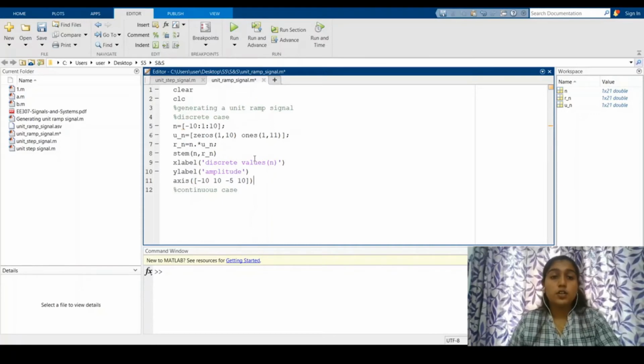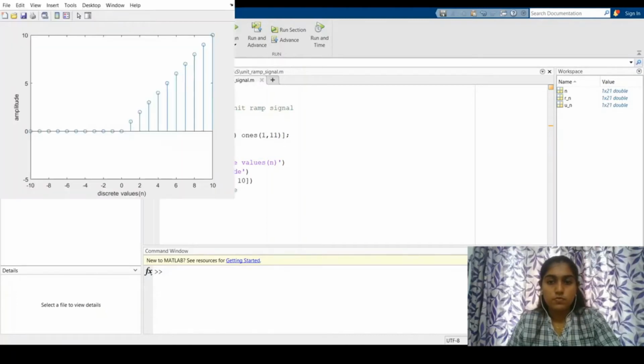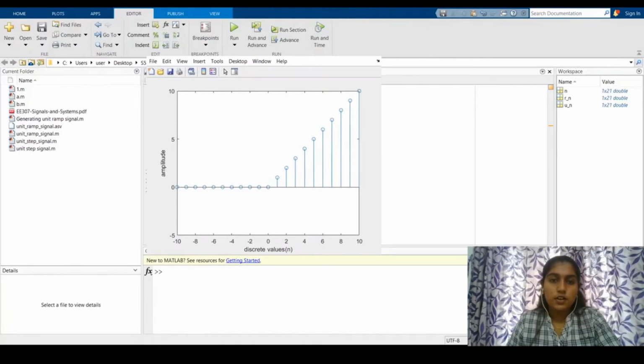Now if you run it, you can very well see that you have your x label and y label. We can just see running it. Now I'll show you what we have obtained. Now you can see the difference that you have.